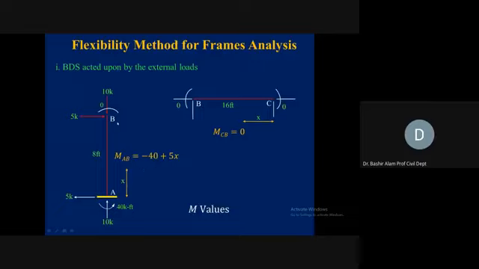You can take the origin at B also, and the moment in that case will become equal to minus 5 times x. X will be coming here. We will be moving from B to A now. That will be our section. So minus 5 times x. So even that is taking origin at B will give you a simple equation as compared to when we take the origin at A. So that should be your preference.